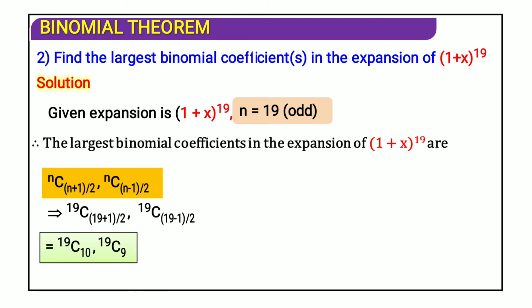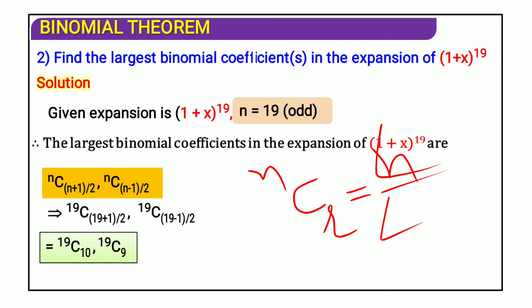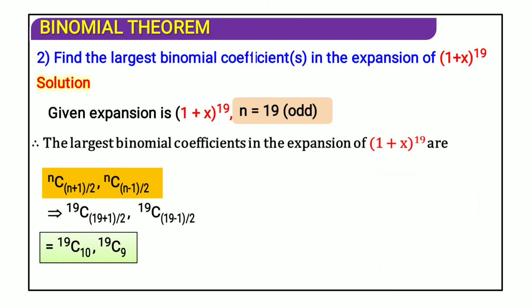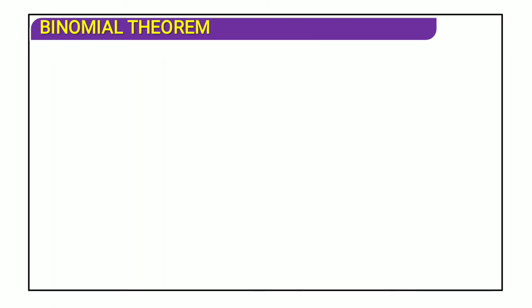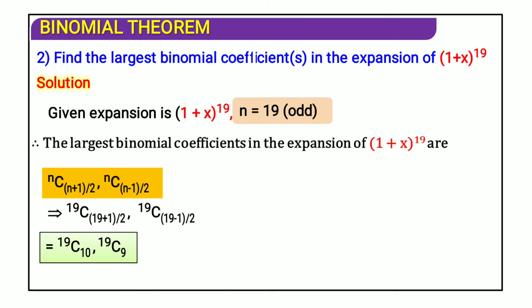It's the simple formula of nCr: nCr = n!/(r!(n-r)!). It's so easy. We can easily calculate the value of 19C10, which is 19!/(10! 9!). I am just giving you the solution of this thing.